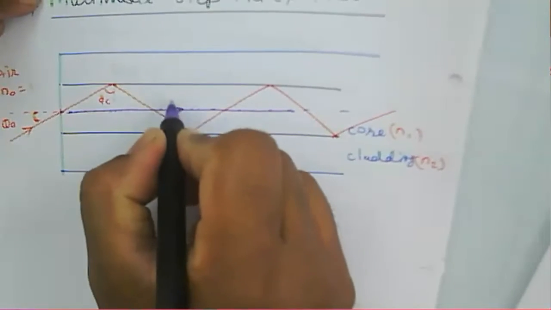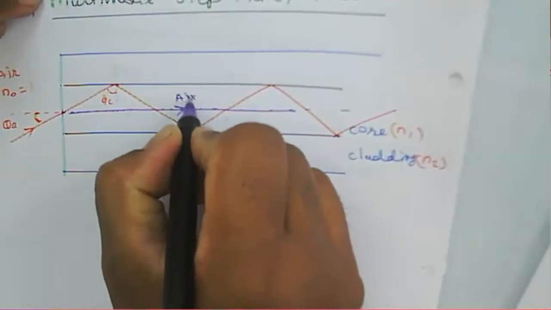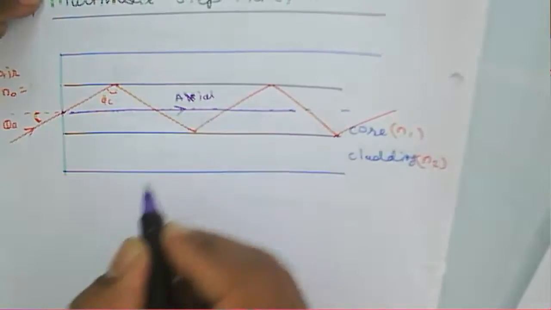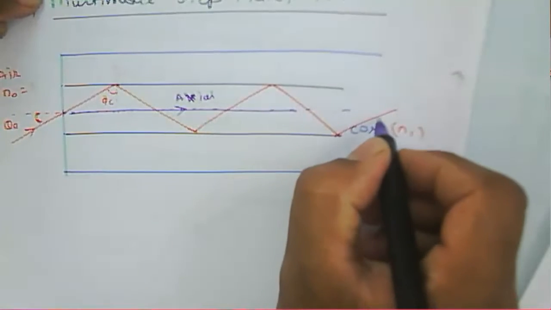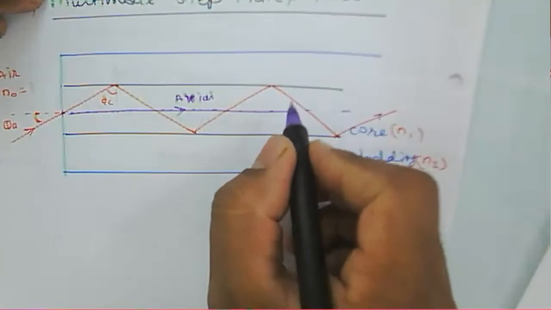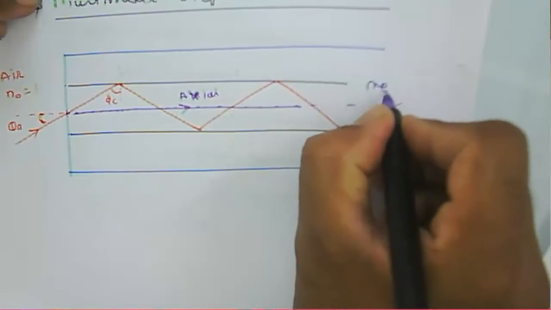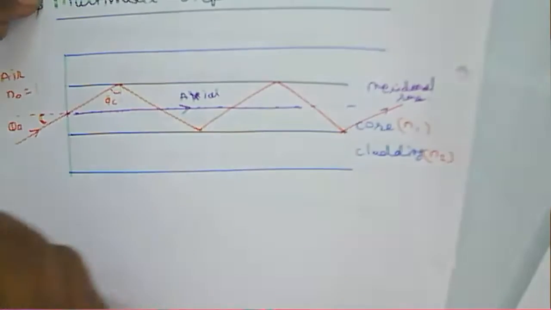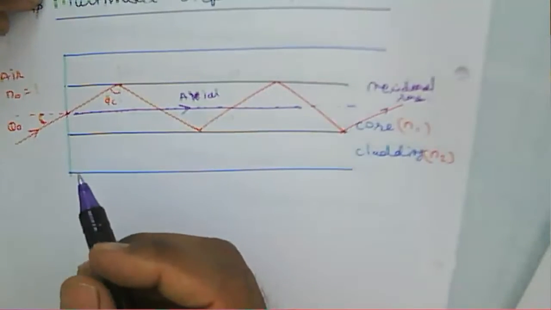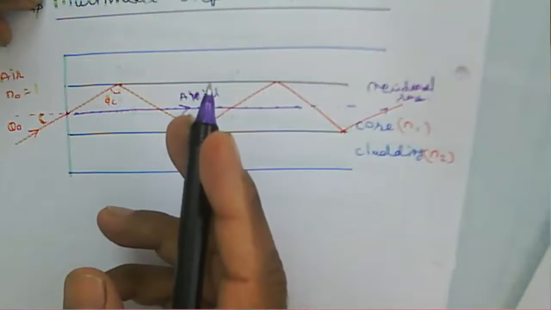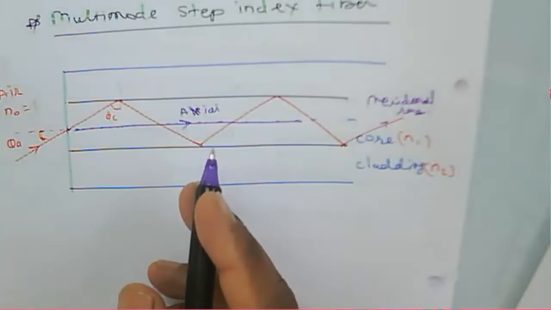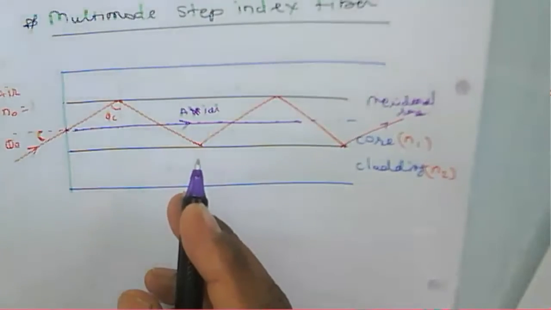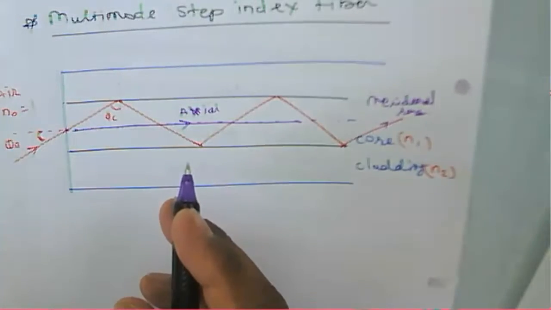The rays propagating through the axis are called axial rays, and those reflecting through the core and cladding boundary are called meridional rays, because they satisfy the critical angle.